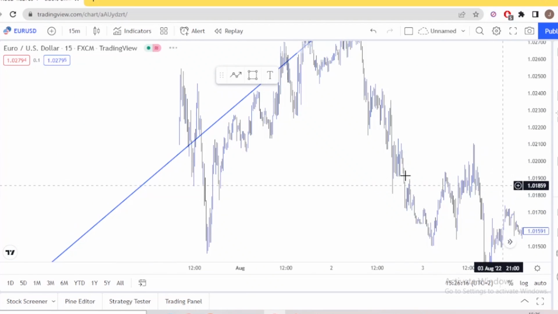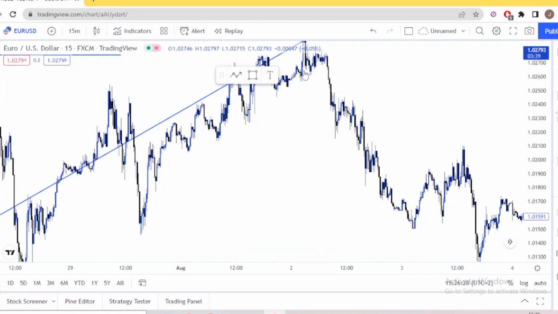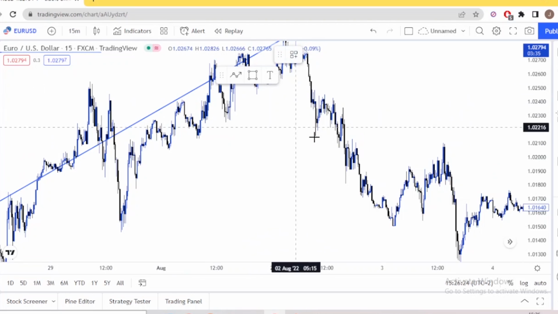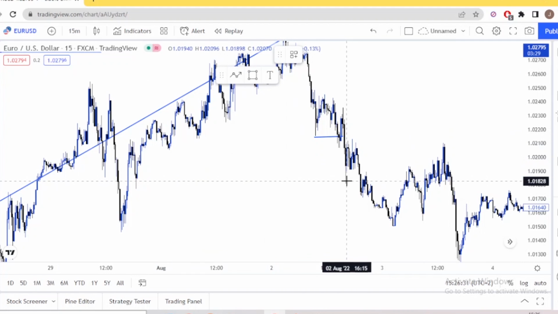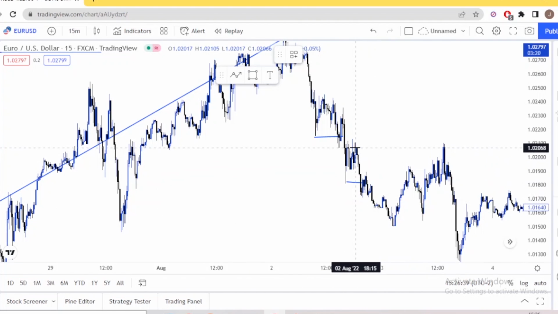This here was the high, and then we were breaking structure going to the downside, also a break of structure over here, and then here we had a push back into the zone.